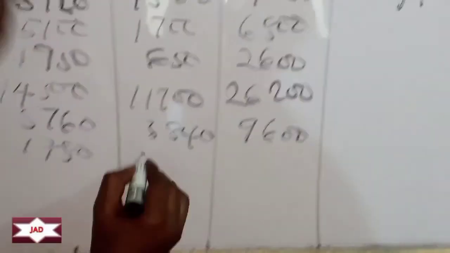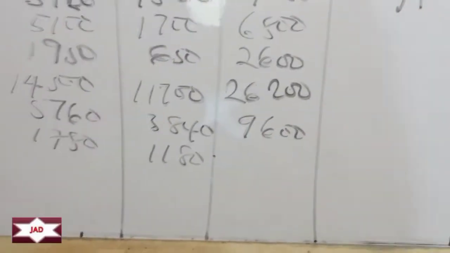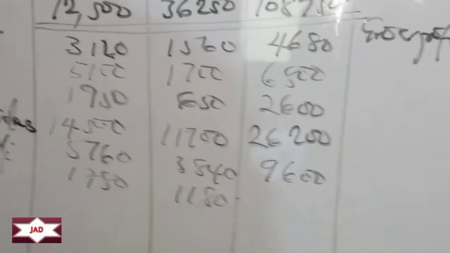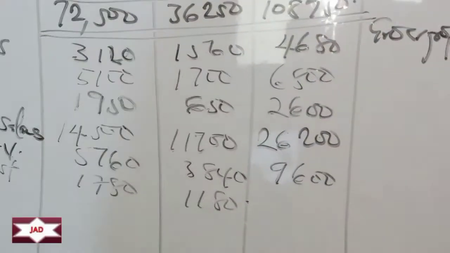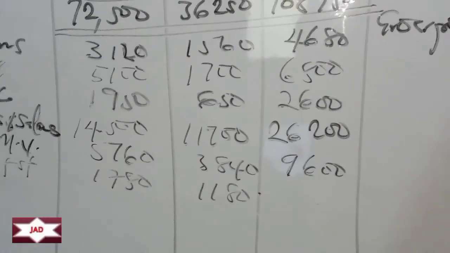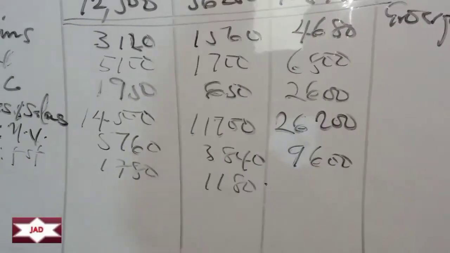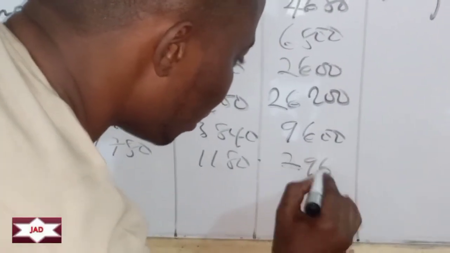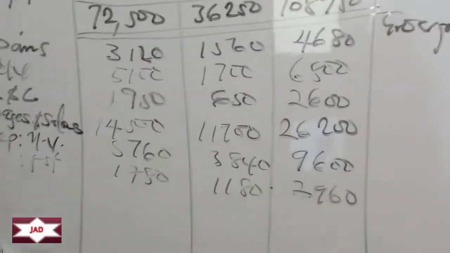Then 1,180. So total 1,780 plus 1,180, that's 2,960. So that is it for all the expense items.